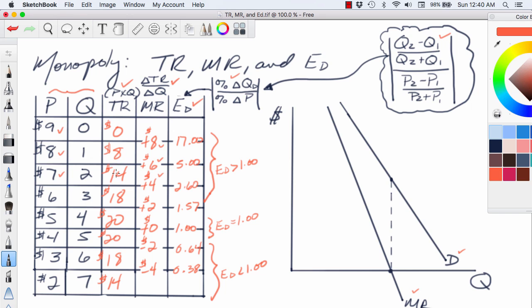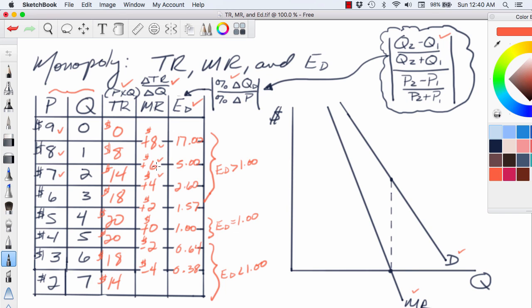Revenues increase, not only increase dramatically. If these were millions, 8 million to 14 million. If these were billions, 8 billion to 14 billion. I mean, that's an enormous increase in total revenue. Total revenue almost doubles. So marginal revenue is going to be positive. So look, we cut our price, we're taking less per unit, but we sell so many more units, our revenue increases.